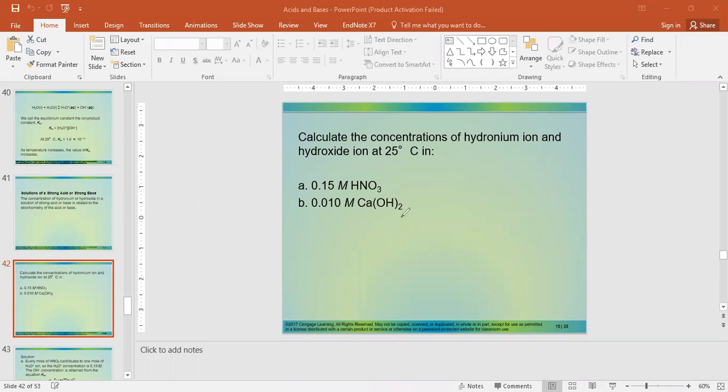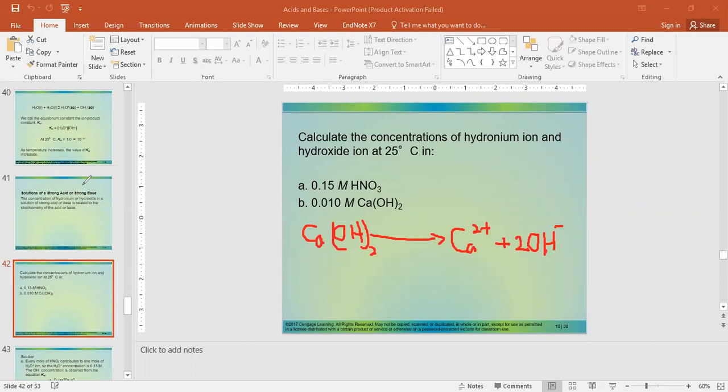Here you have calcium hydroxide, and this is dissociating in water to give you calcium 2+ and 2 hydroxyl ions.